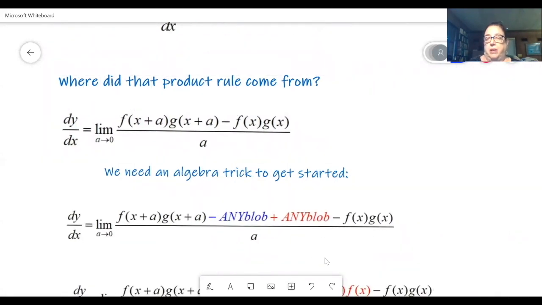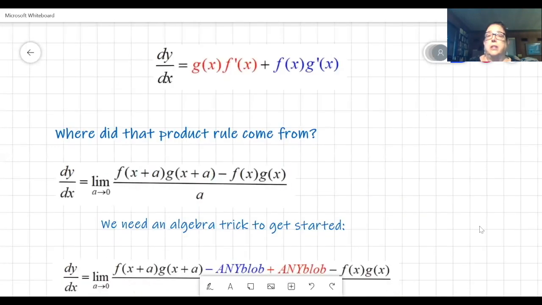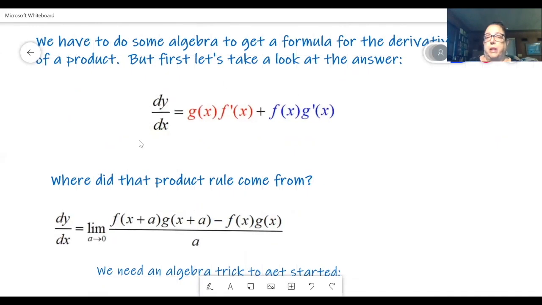So I'm calling the same thing any blob. When I subtracted, I made it blue, and when I added, I made it red. But it's the same thing. I subtract something, then I add that something back. I do that to introduce a term to help me change this expression, to turn it into this lovely formula.